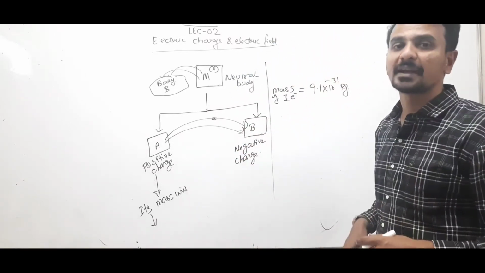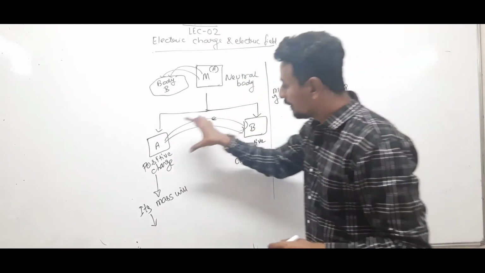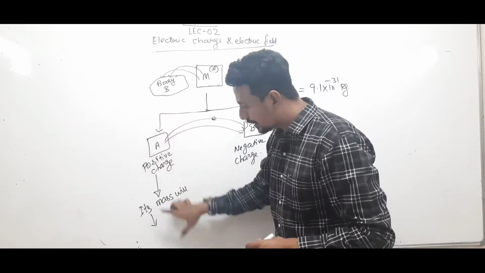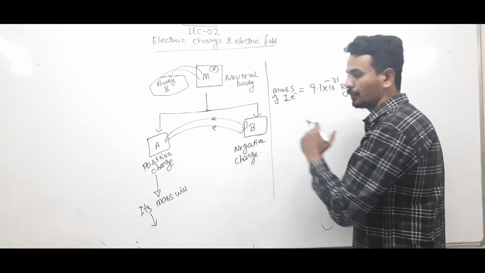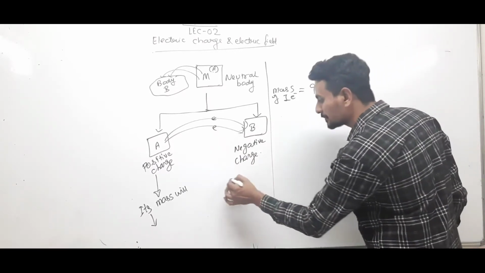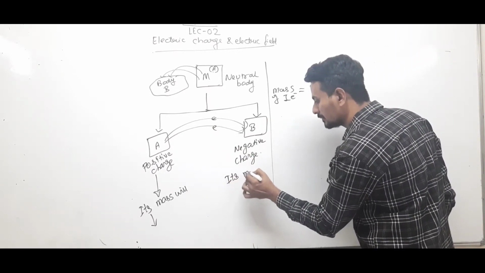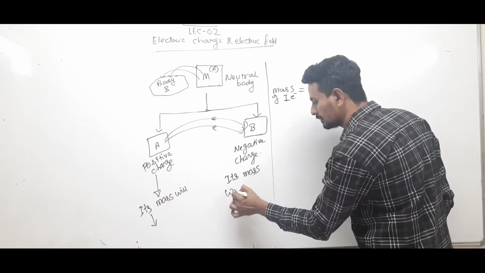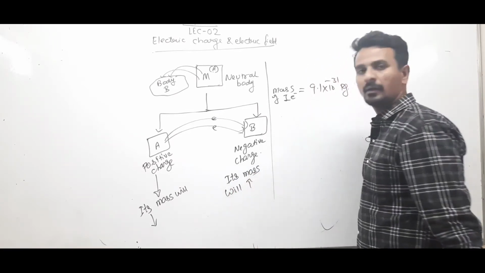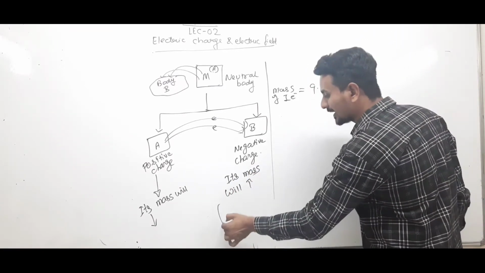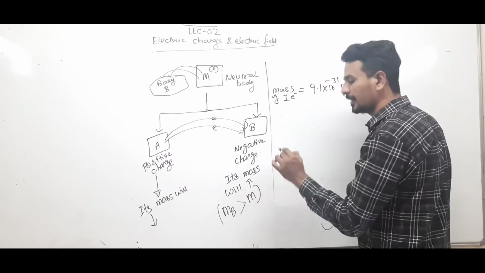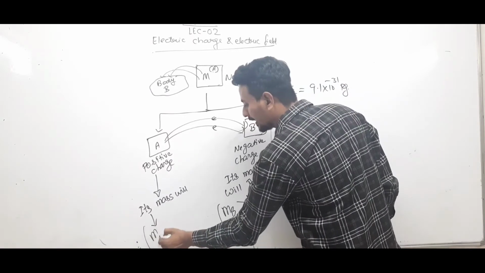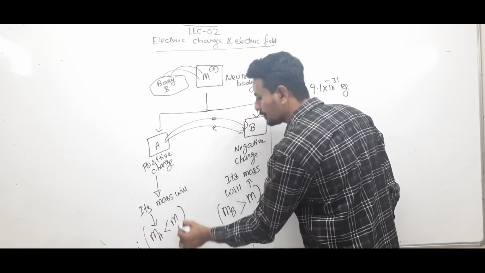So the mass of the positively charged body will decrease. These electrons are gained by body B, so its mass will increase. Now the mass of body B will be greater than the mass of the neutral body, and the mass of body A will be less than the neutral body.